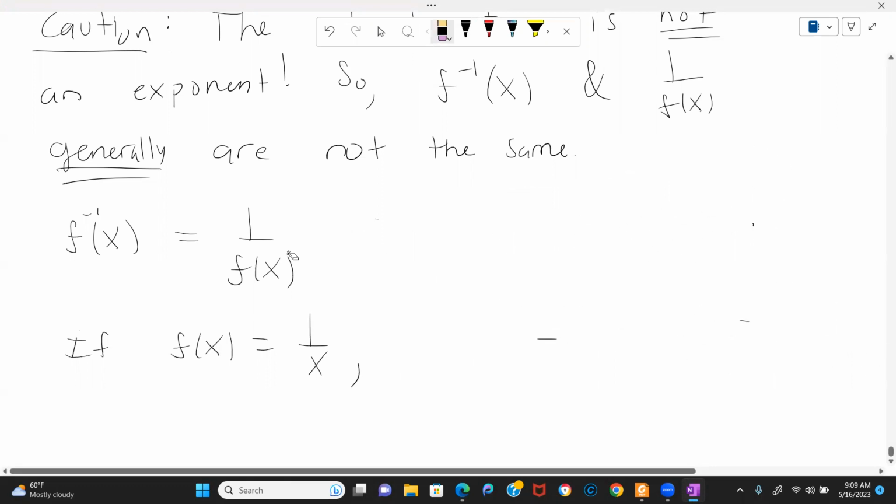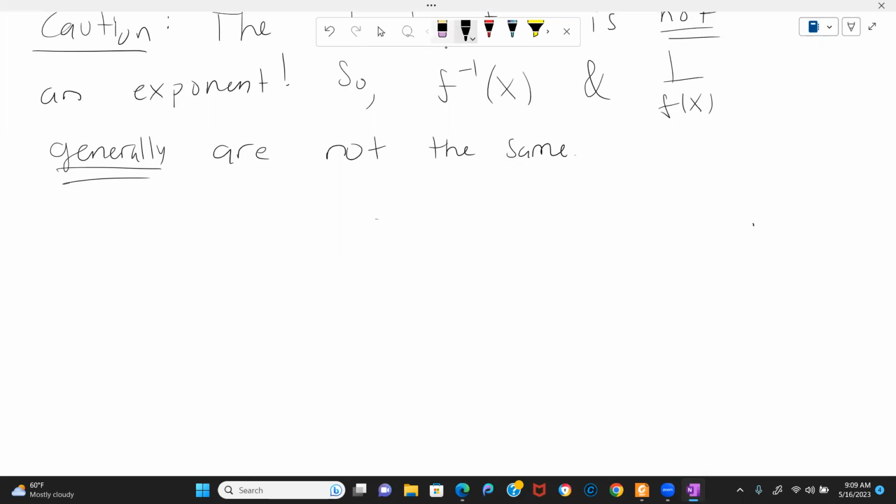Okay. So the point is just this, that f inverse of x and 1 over f of x are generally not the same. They're almost never the same.